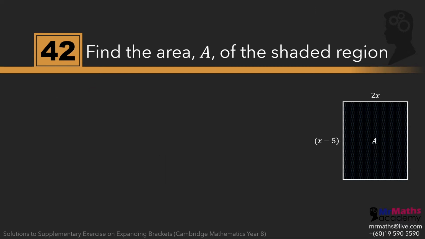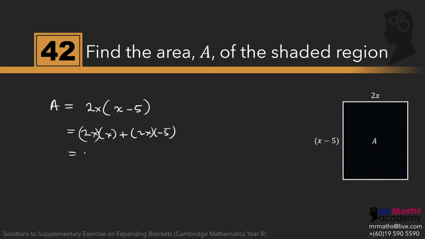Next question. Again, we have multiplication, we have expansion here. The area is the width times length, so that is 2x times x minus 5. We have expansion to perform here. So that is 2x times x plus 2x times minus 5.